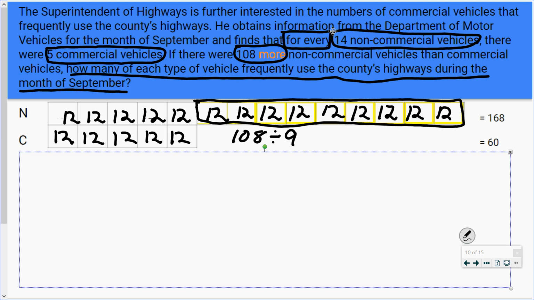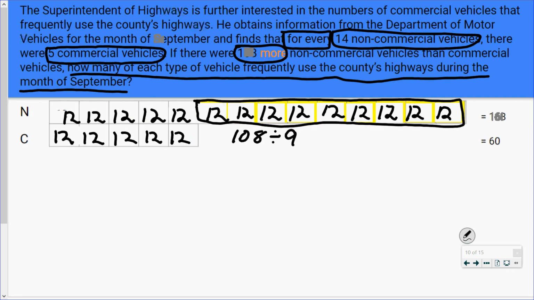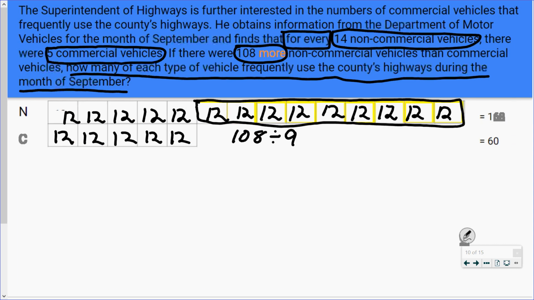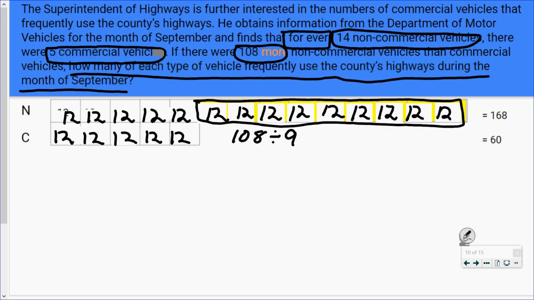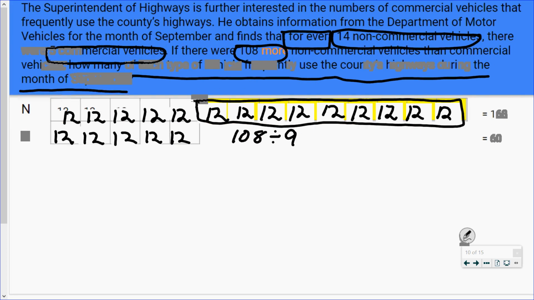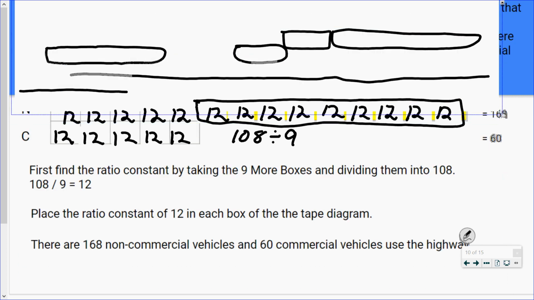This is what we would end up getting, okay?